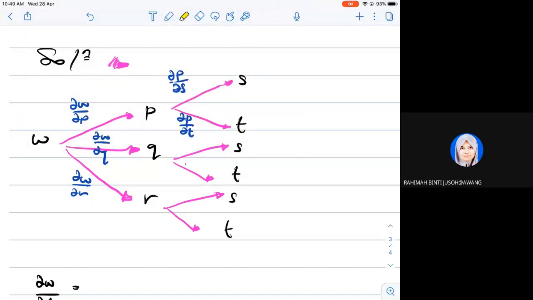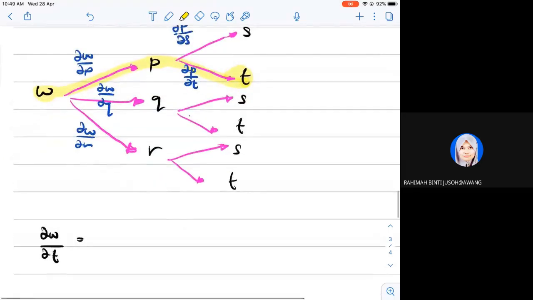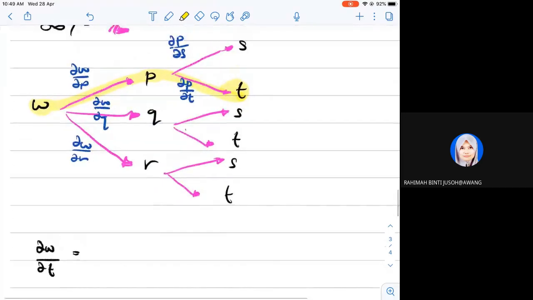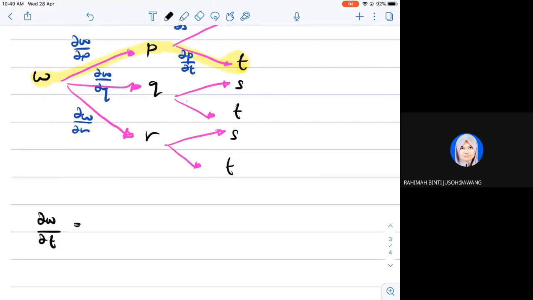Okay, so first path from W goes to P and then goes to T. Kita buat laluan daripada W sampai jumpa T sebab dia nak del W over del T, dia tak nak del S. Okay, so the first path is del W over del P multiply with del P over del T. Second path from W goes to Q and then Q goes to T. That is the second path.